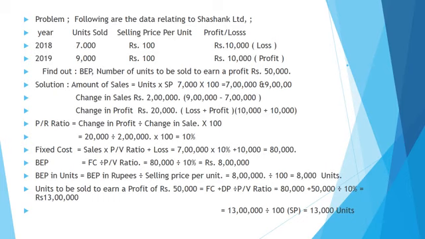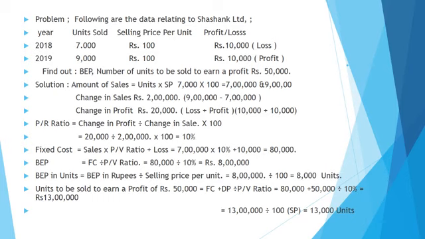In the previous problem, we have deducted the profit, but here if the loss is given, the loss is to be added. So sales into PV ratio plus loss is equal to 7 lakh is the sales into PV ratio 10% plus loss rupees 10,000 is equal to 80,000.